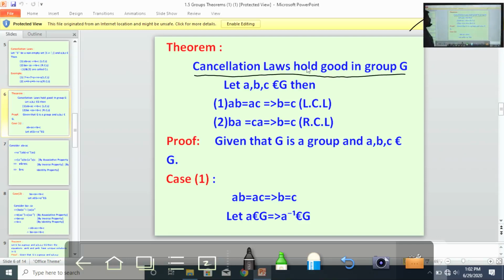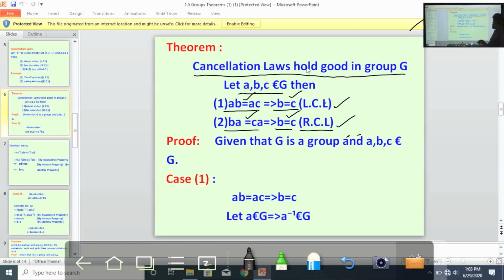Let A, B, C belong to G. Then if AB equal to AC, then B equal to C. Also, if BA equal to CA, then B equal to C. I repeat once again, if AB equal to AC then B equal to C. If BA equal to CA, then B equal to C. This is the left cancellation law. This is the right cancellation law.